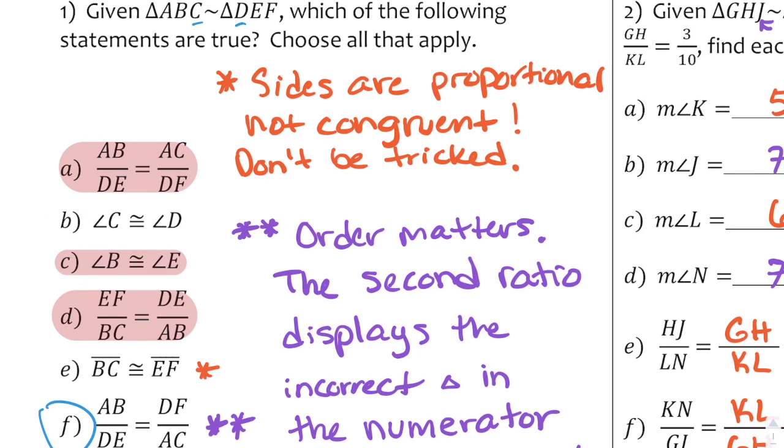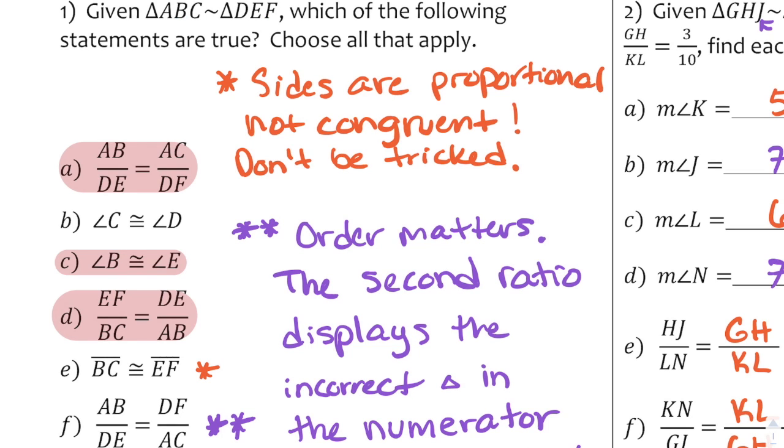So let's talk about why the rest of these are options. We have AB in ratio with DE as AC is in ratio with DF. It goes left to right, left to right. The right order is also there, so that works. The second one that works is C. Angle B congruent to angle E. Yep, in order, works out well.